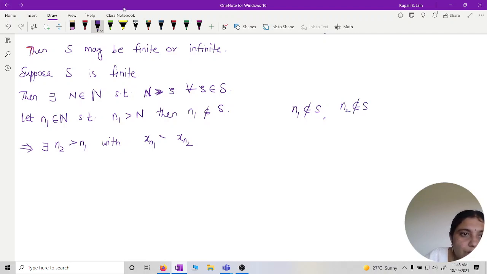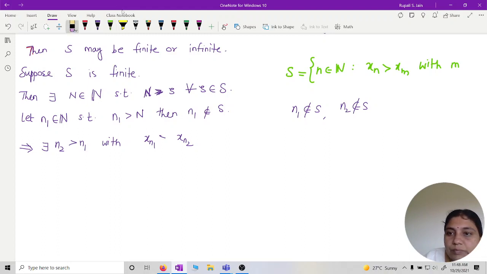So what is my S? It is the set of n belonging to the natural numbers such that xn is greater than xm for all m with n less than m. So n1 does not belong to this set, and n2 does not belong to this set, and it satisfies n1 less than n2.